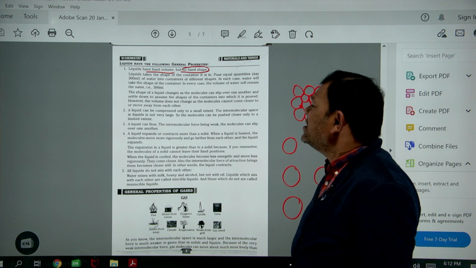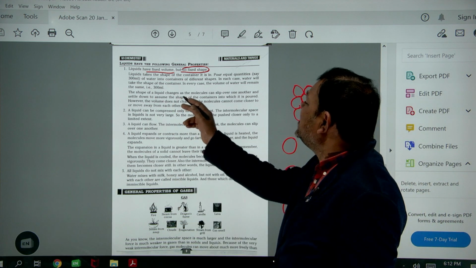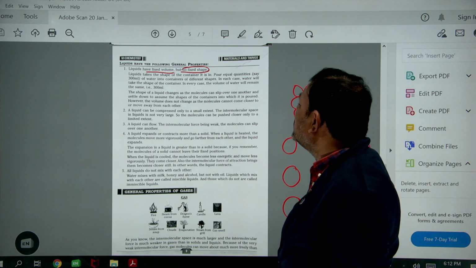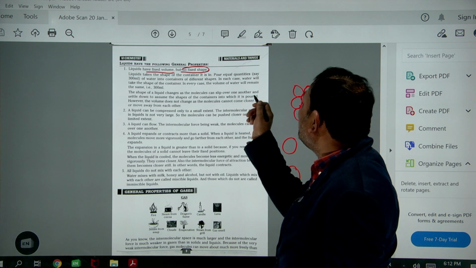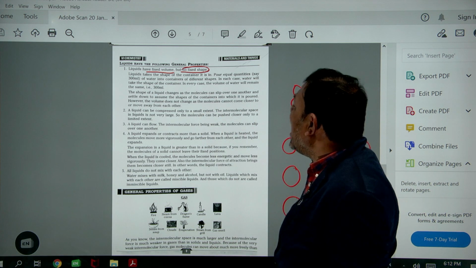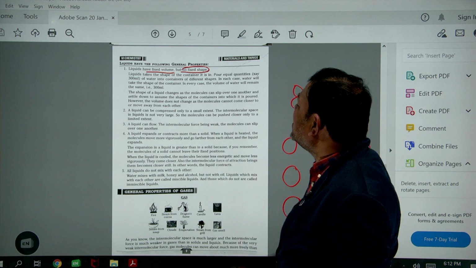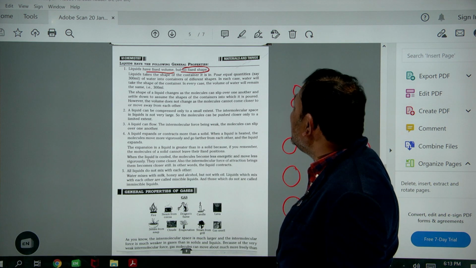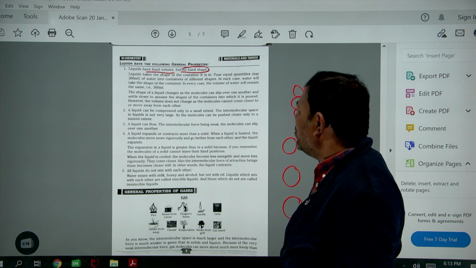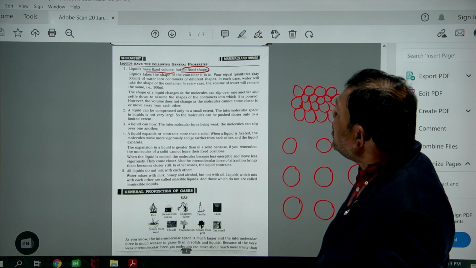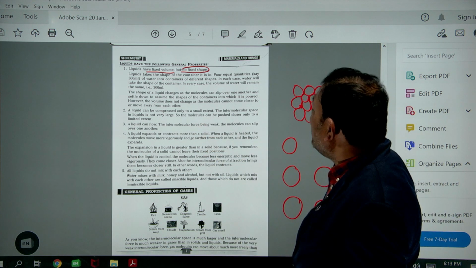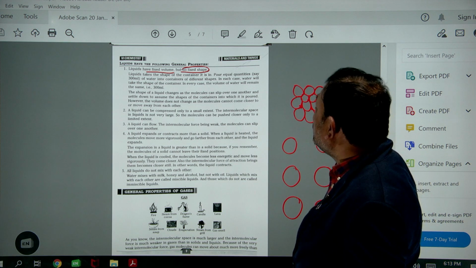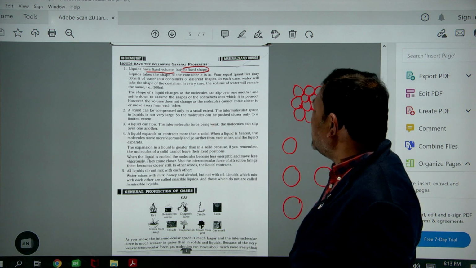The shape of a liquid changes as the molecules can slip over one another and settle down, assuming the shape of the container into which it is poured. However, the volume does not change. The molecules cannot come closer to or move away from each other.